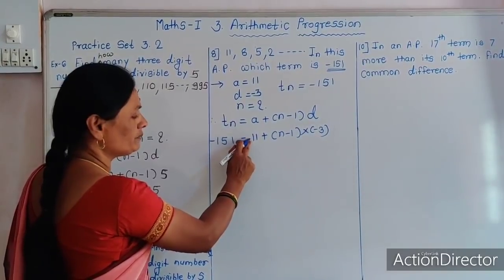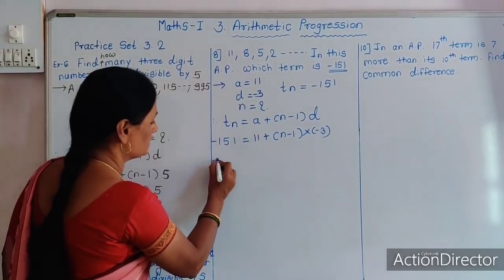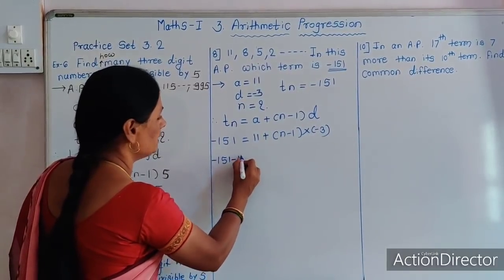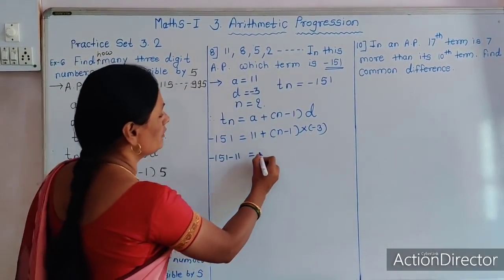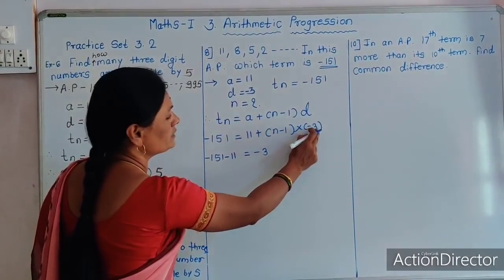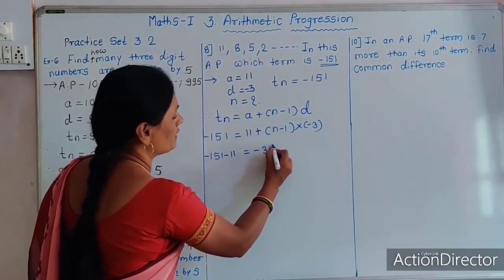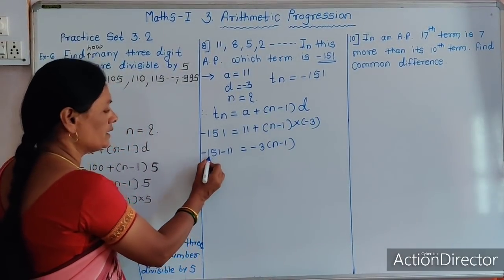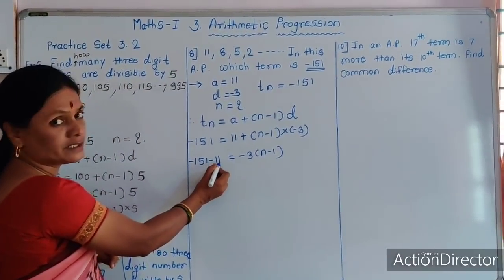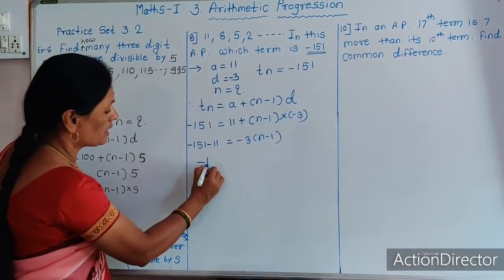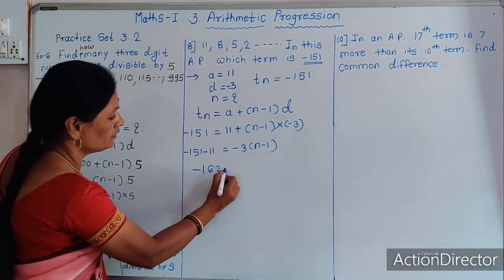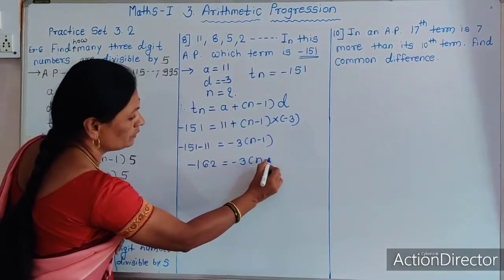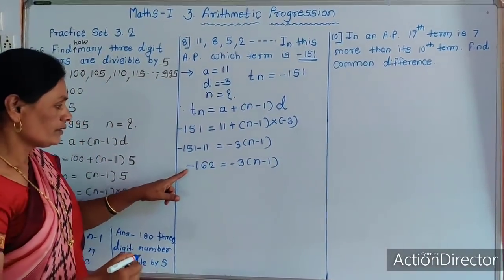Now 11 goes to the other side and becomes minus: minus 151 minus 11 is equal to minus 3 into n minus 1. Minus 151 and minus 11 becomes minus 162, equal to minus 3 into n minus 1.